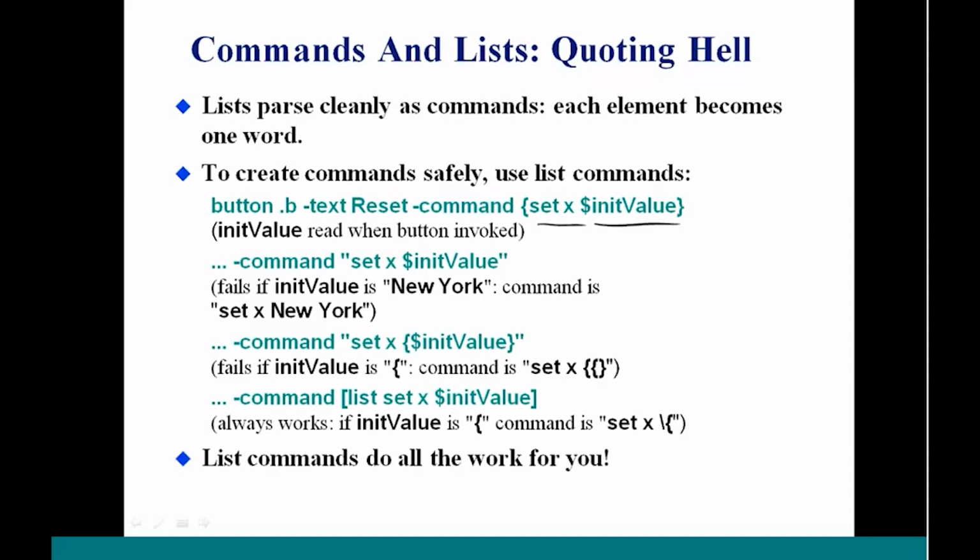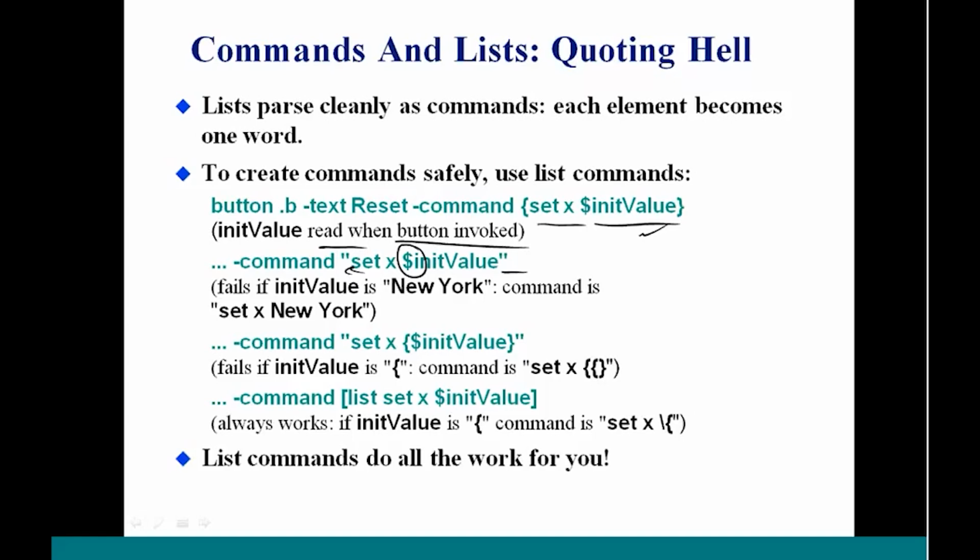What this means is basically that the init_value is read when the button is invoked. Now this command is fine. We can also put the init_value in quotes so that it does the command substitution.